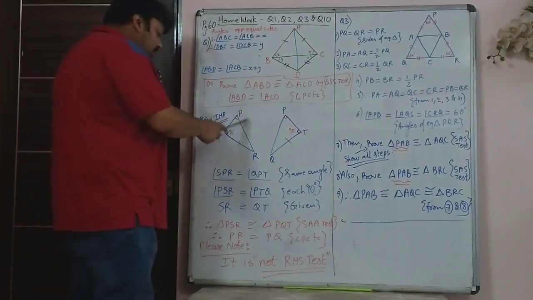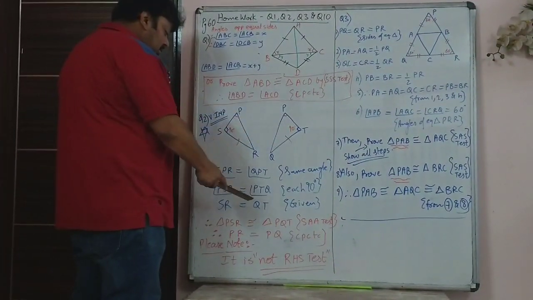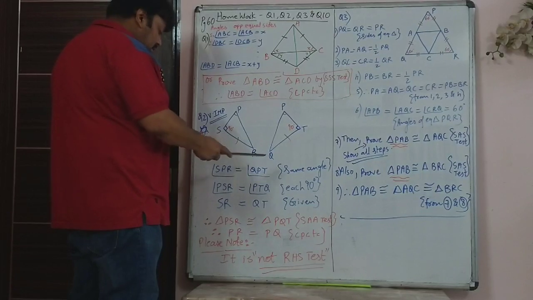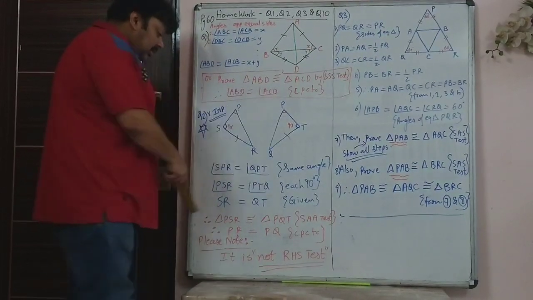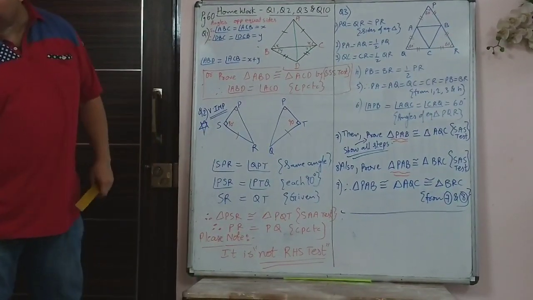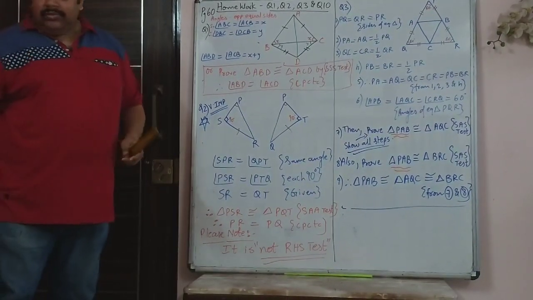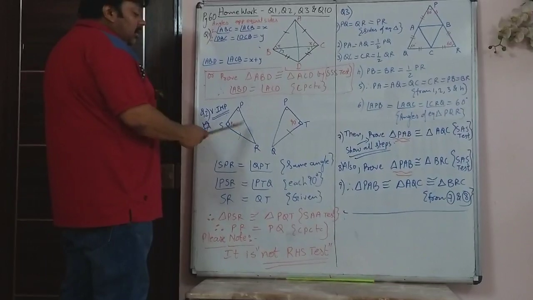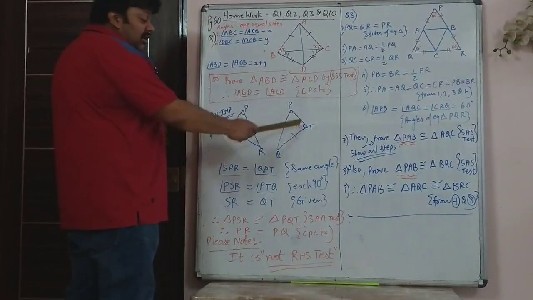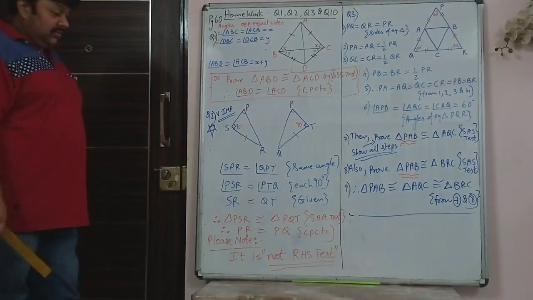Then you have the second sum, which is very important. You are supposed to prove PR is equal to PQ. In order to prove that, you draw separately those two triangles which you want to prove congruent.